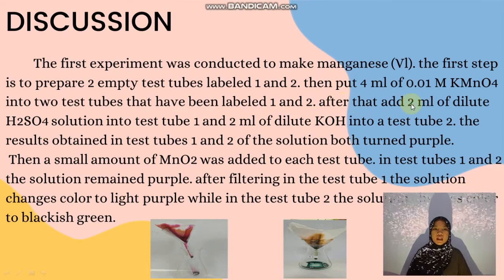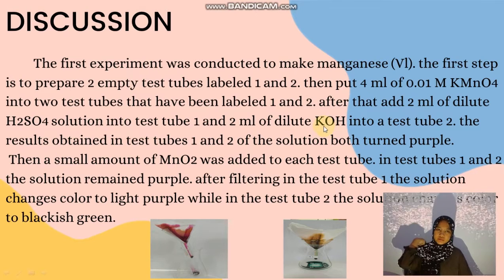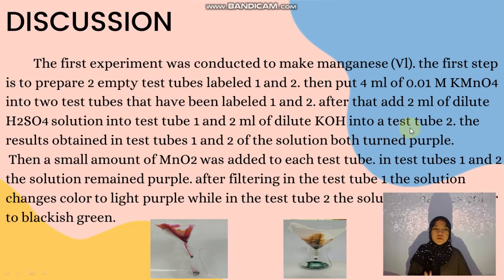After that, add 2 ml of dilute H2SO4 solution into test tube 1 and 2 ml of dilute KOH into test tube 2. The results obtained in test tubes 1 and 2: the solution both turned purple.